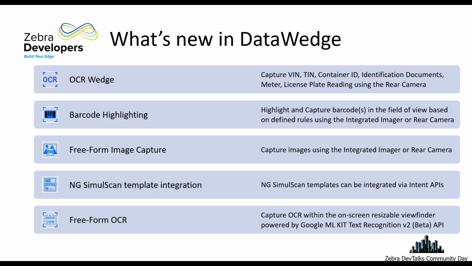Barcode highlighting is one more new addition. Whereas your standard barcode scanning will just scan your barcodes, this feature will let you find specific barcodes in the field of view when you point your scanner or the camera into it, and you can pick up what you need from the shelf or from the area where you are looking for a particular item.